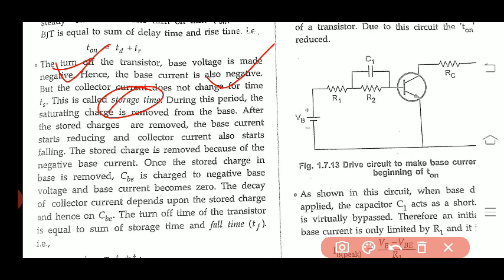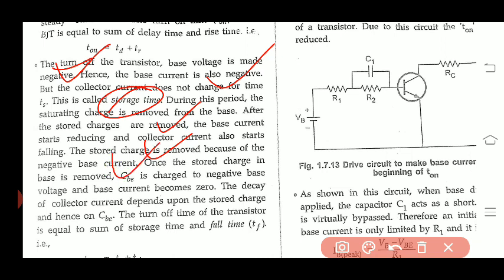During this period, saturating charge is removed from the base. After stored charge is removed, base current starts reducing, and collector current also starts falling. The stored charge is removed because of negative base current.